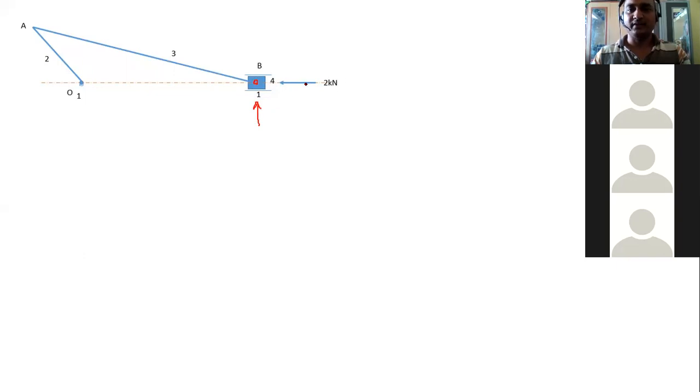The second one is the piston effort, and the third one is the force along the connecting rod. Just give the names properly. Suppose you are considering this force, then what name can you give? F14, because this is the force given by number 1 to 4, the force exerted by 1 on 4.